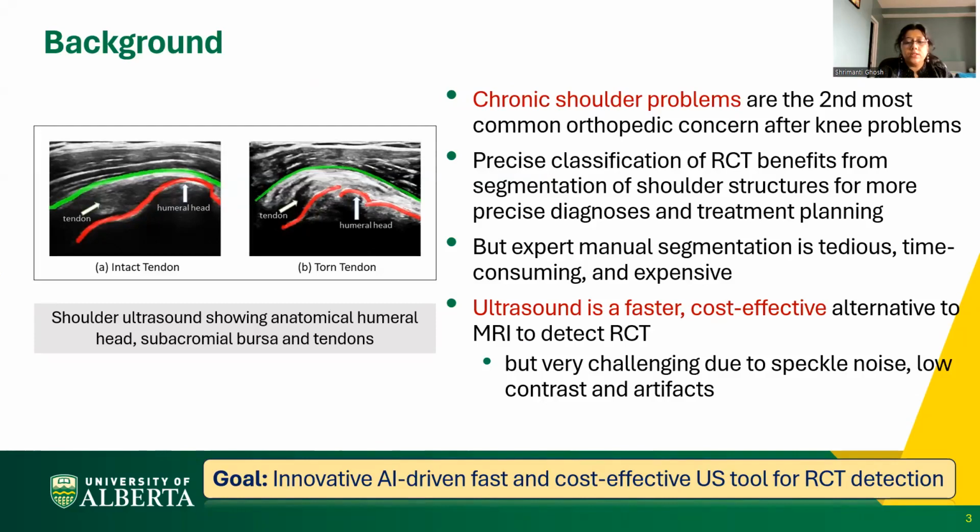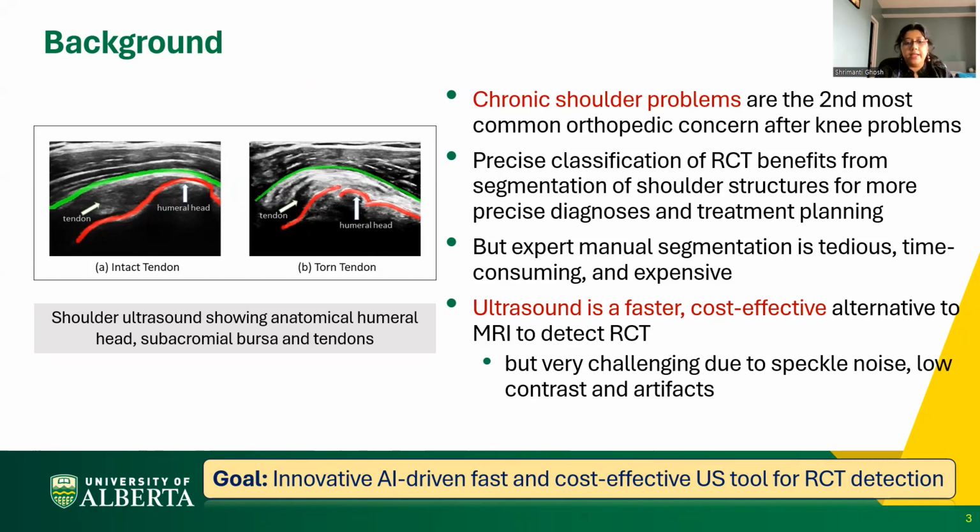But expert manual segmentation is tedious, time consuming, and expensive. On the other hand, ultrasound is a faster, cost effective alternative to MRI to detect RCT. But ultrasound images are very challenging to deal with due to speckle noise, low contrast, and various artifacts.